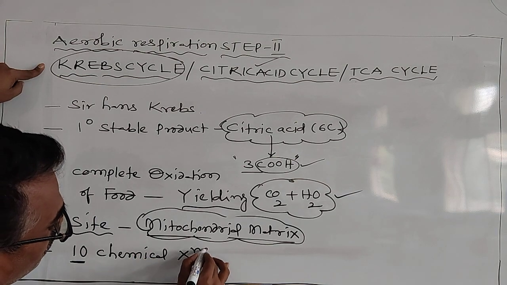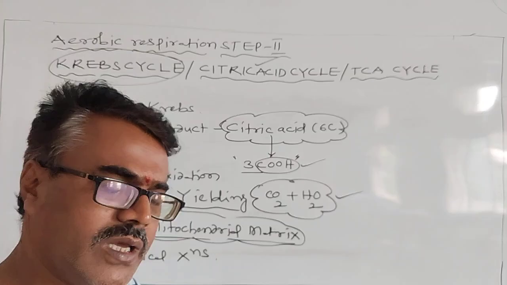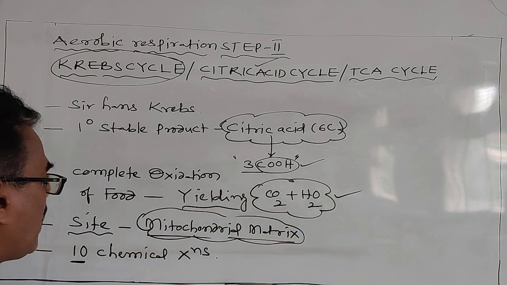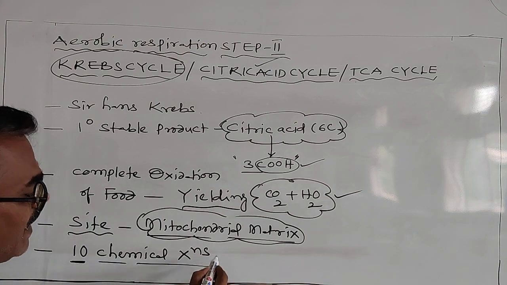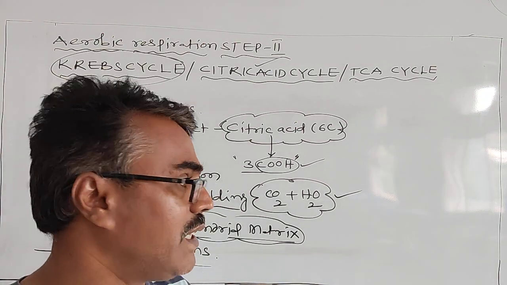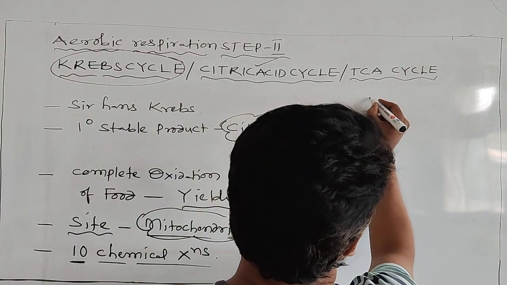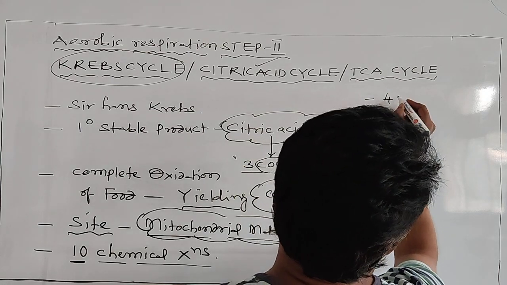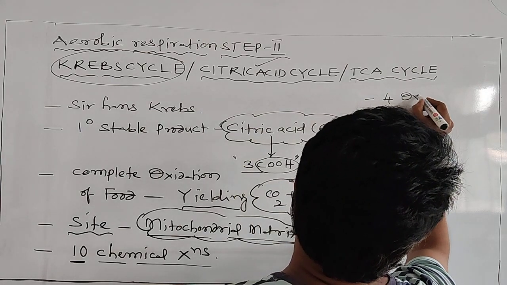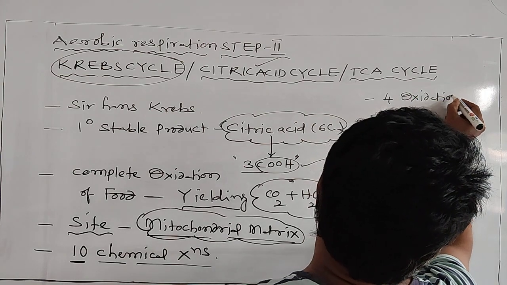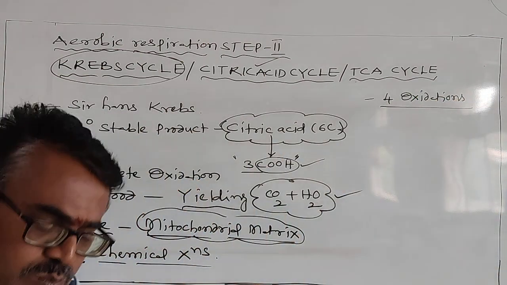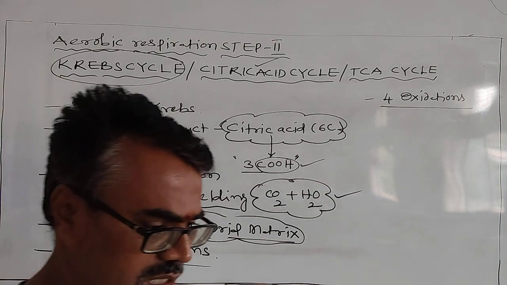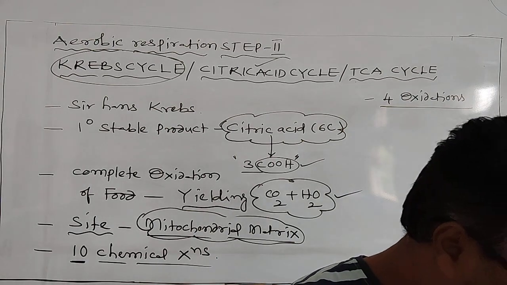The food is completely oxidized, yielding CO2 and water, with the help of these 10 chemical reactions. Out of the 10 chemical reactions, 4 are oxidation steps.